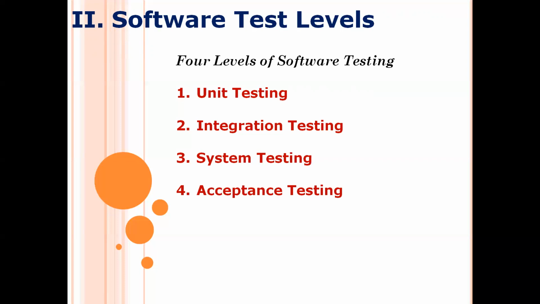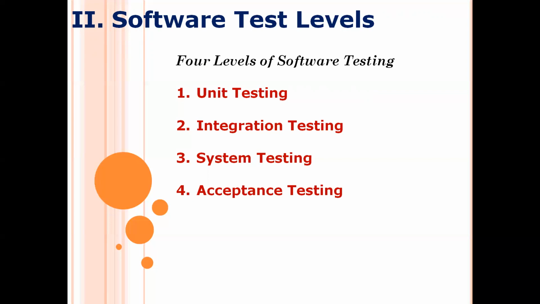See, in olden days, there was only one level of software testing after coding or implementation or development. But nowadays, we have different levels of software testing in order to improve the quality of software products. Here, four levels of software testing.